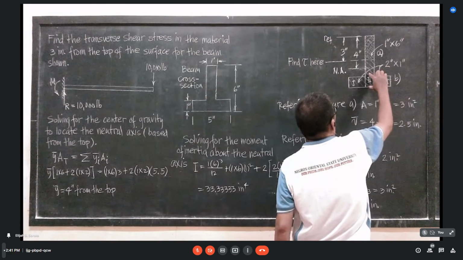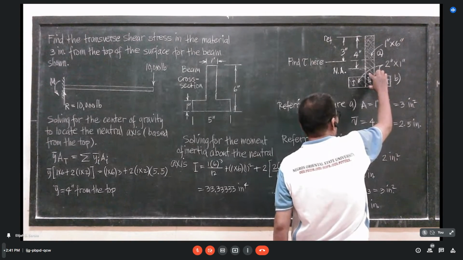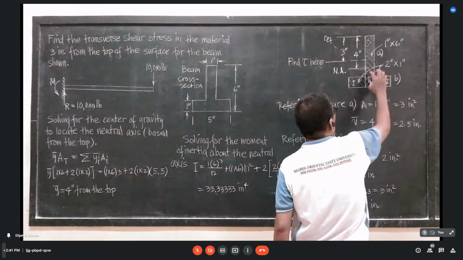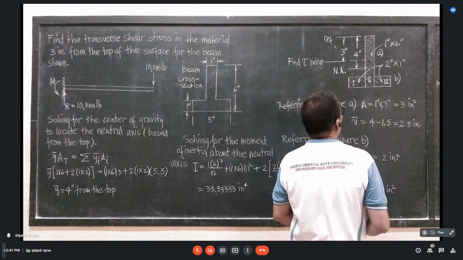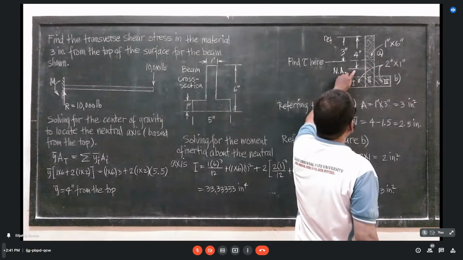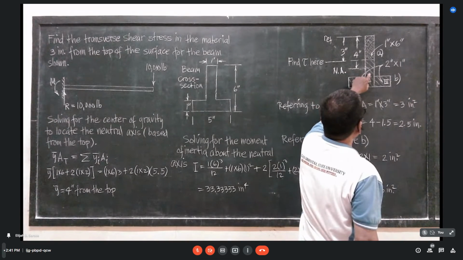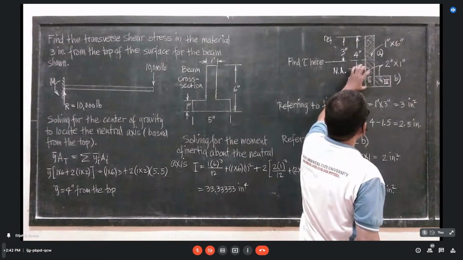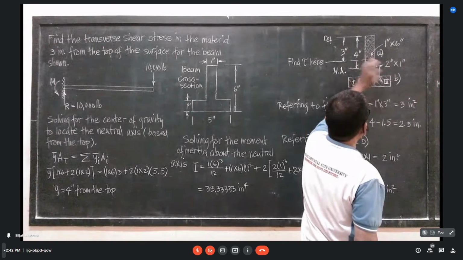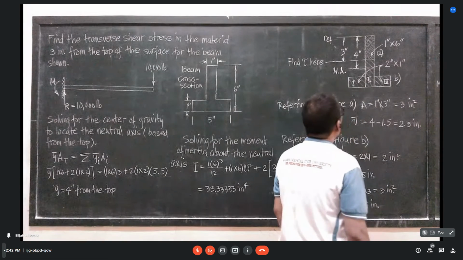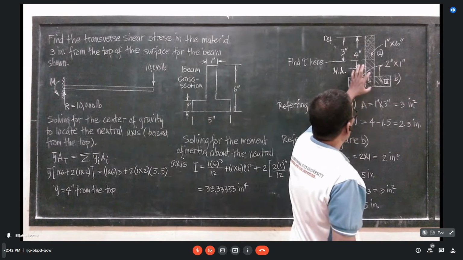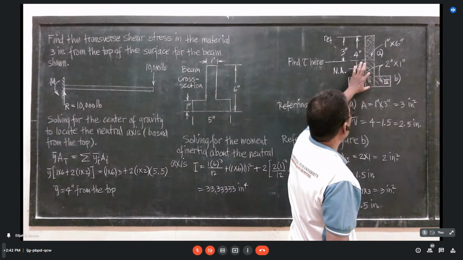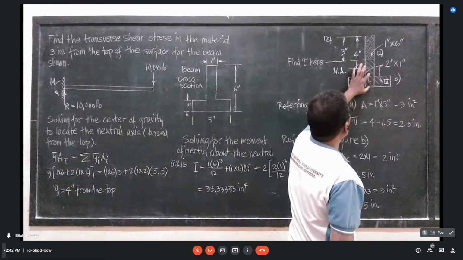Now, however, the V bar is the distance from the centroid to the neutral axis. Do you follow? So V bar is from the neutral axis to the centroid of this. This one is 2 and that one is 1.5, so the distance is 1.5. The centroid of this has an area, but where is the neutral axis?